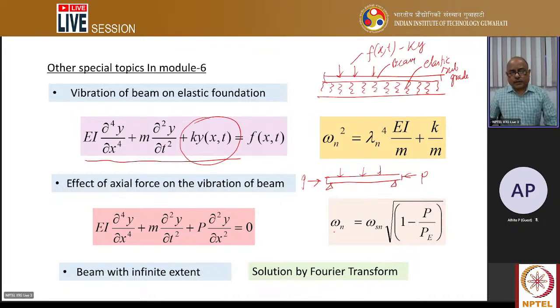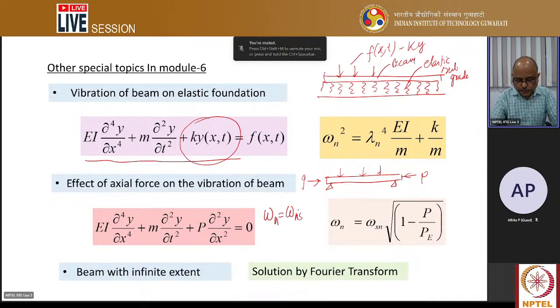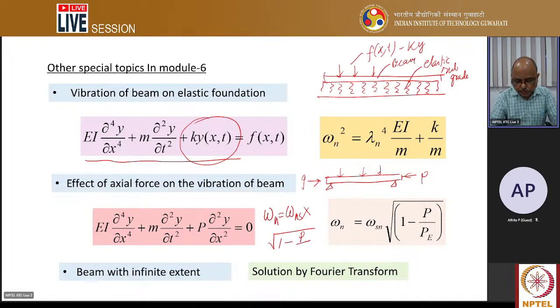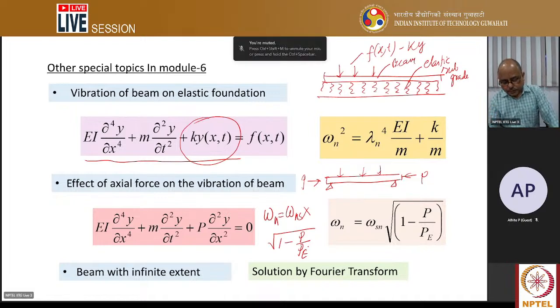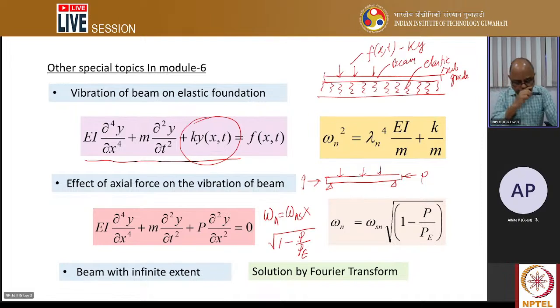Now for that, the frequency equation is written as omega n is equal to omega ns, considering the case of a simply supported beam, into root over 1 minus some ratio of the load. So this load ratio is nothing but the axial load relative to the Euler buckling load.